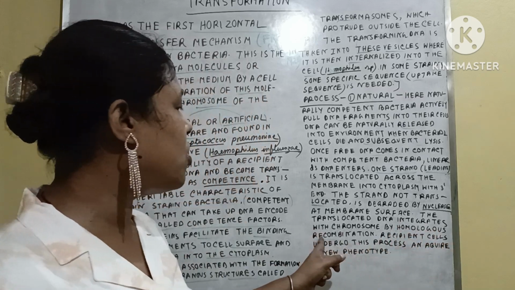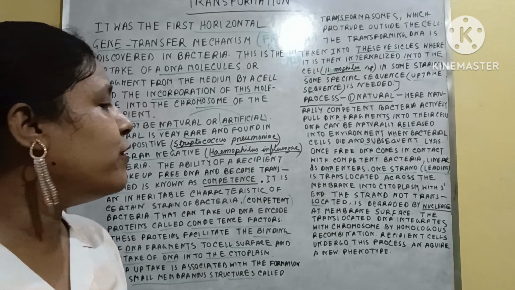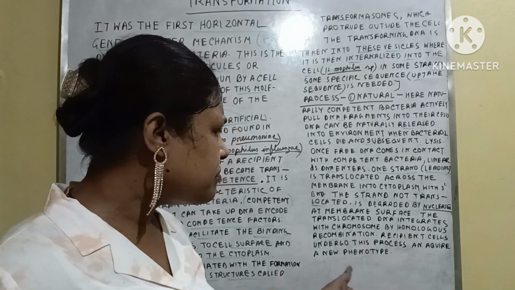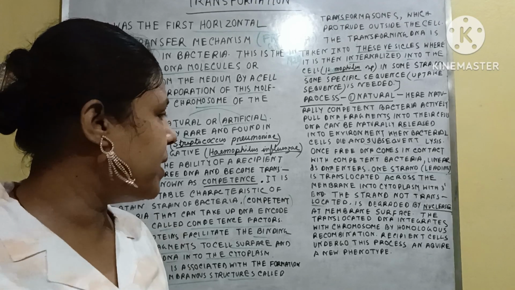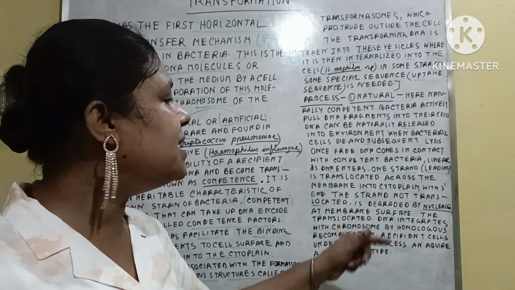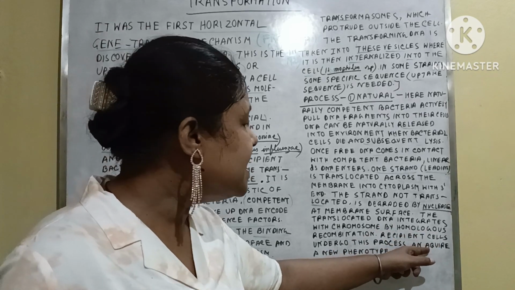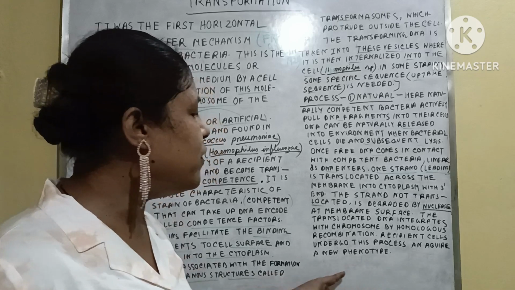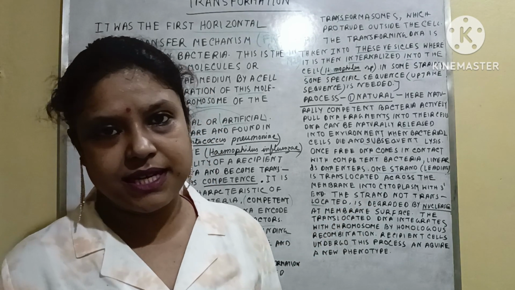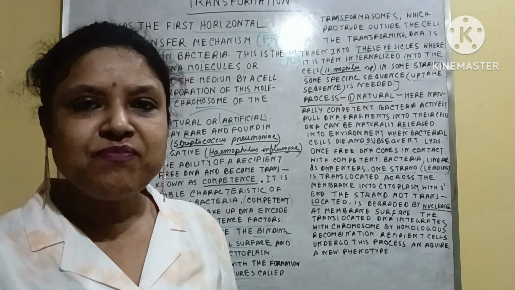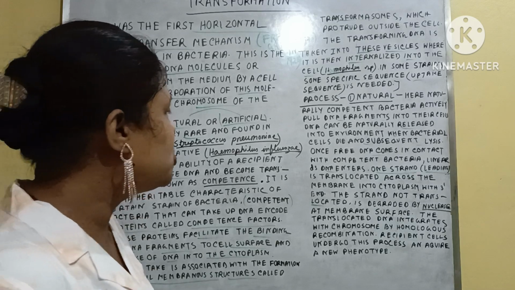This is homologous recombination, and here the new character is seen. The recipient cells acquire a new character, and it is now called a new phenotype; we will see new phenotypic bacteria with the new character formed within the environment. So this is the transformation process.